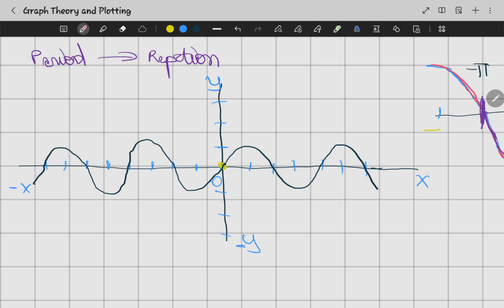Okay, and if we say this is where we have maybe, I was going to use pi, but let me just use -1, -2, -3, -4. And then what you should know is we find the period in accordance with x.